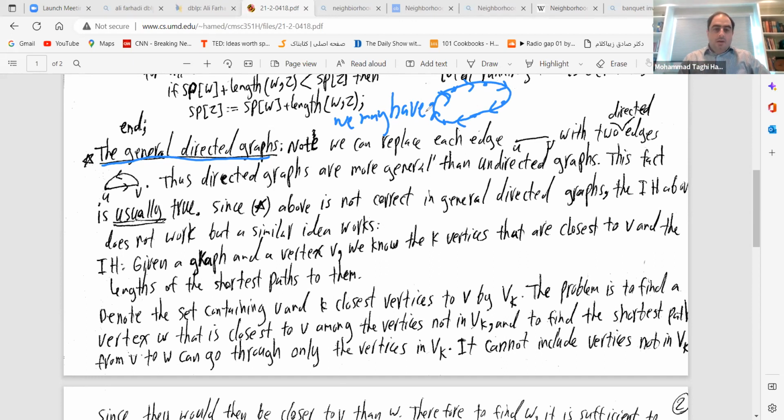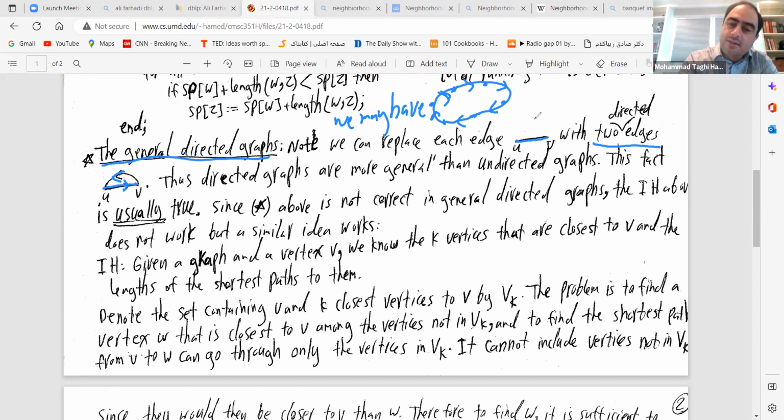Good. So now we want to solve the problem for general graphs. The running time that we got is the size of V plus the size of E. Now, as we discussed previous time, if you have an undirected graph and there is an edge between u and v, you can always replace it with two directed edges, going each way.